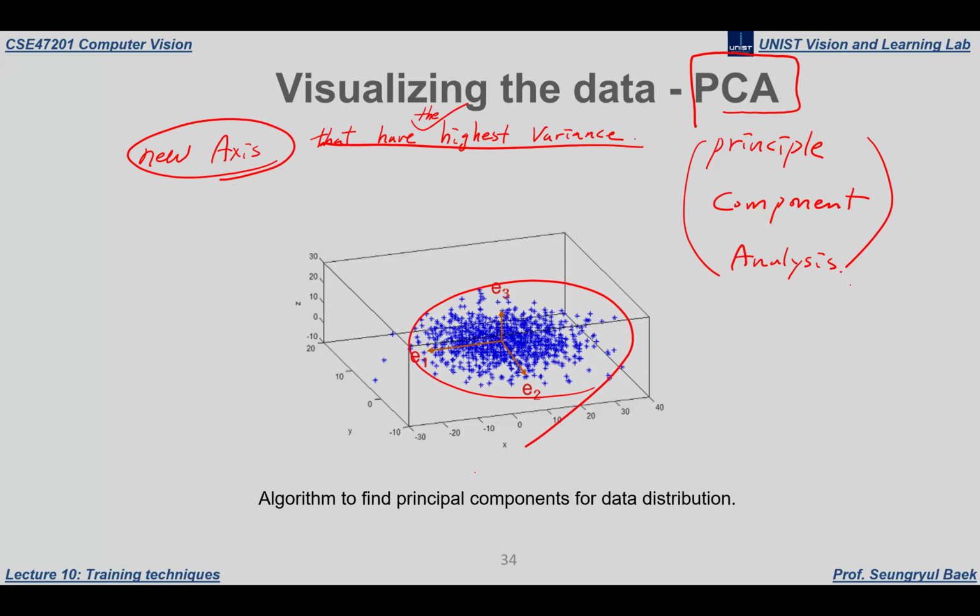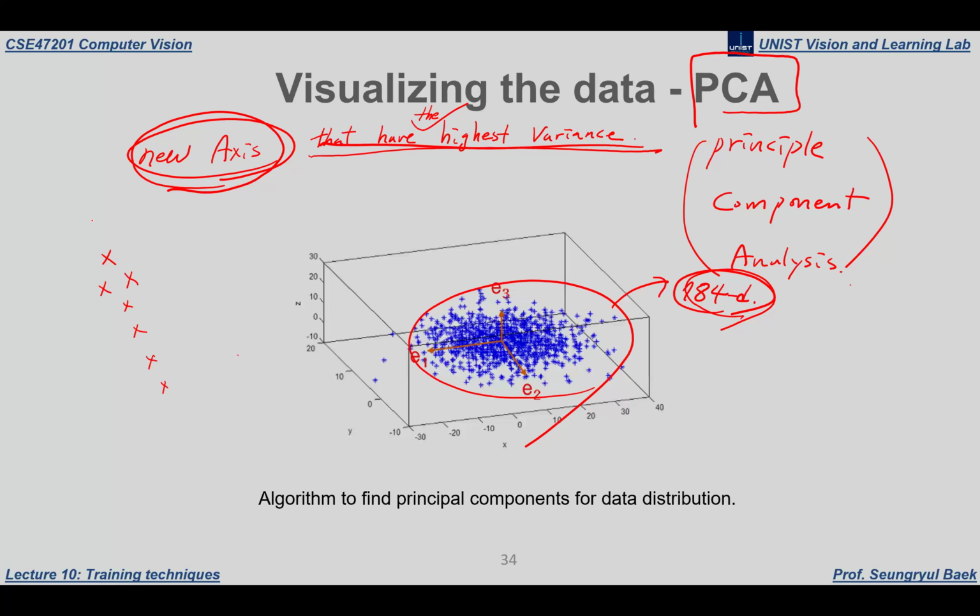Let's say this is the data distribution in the original space. In this high-dimensional space, we cannot visualize the data, but the original raw feature vectors will be there. And we want to find the new axis that has the highest variance. I will show this figure first.